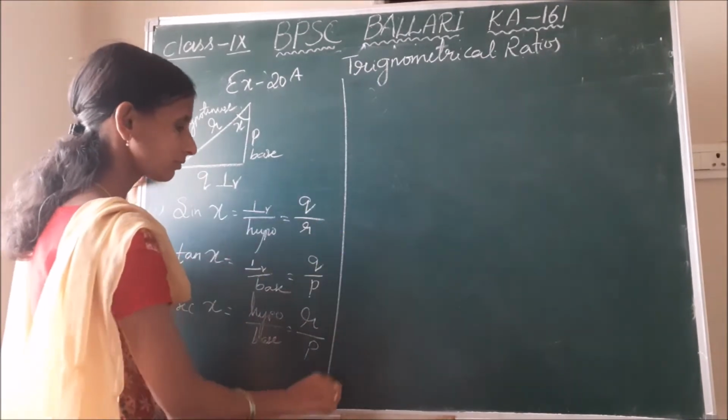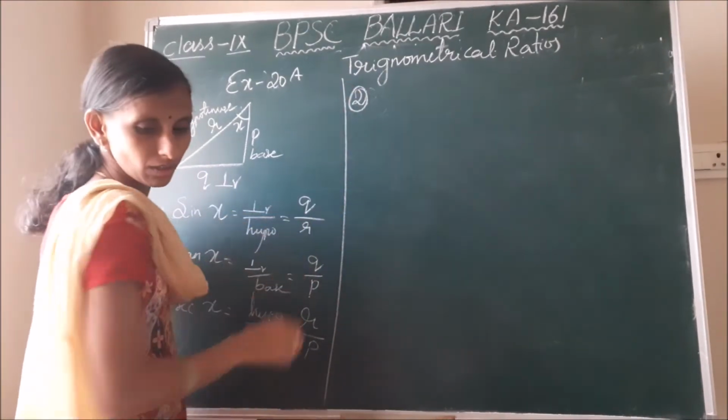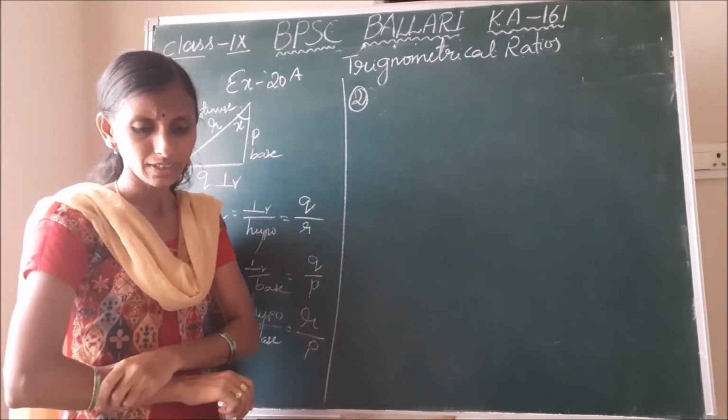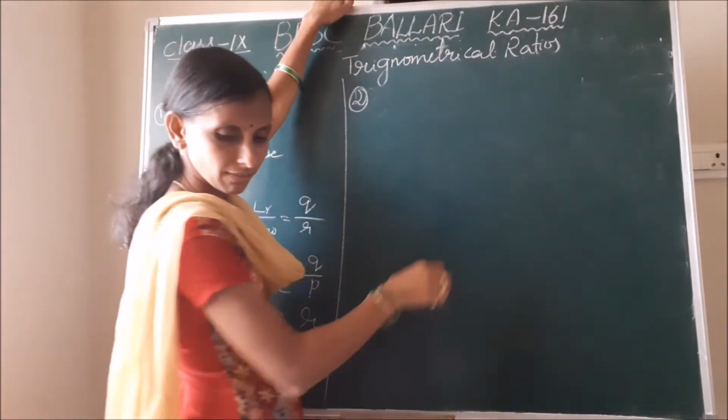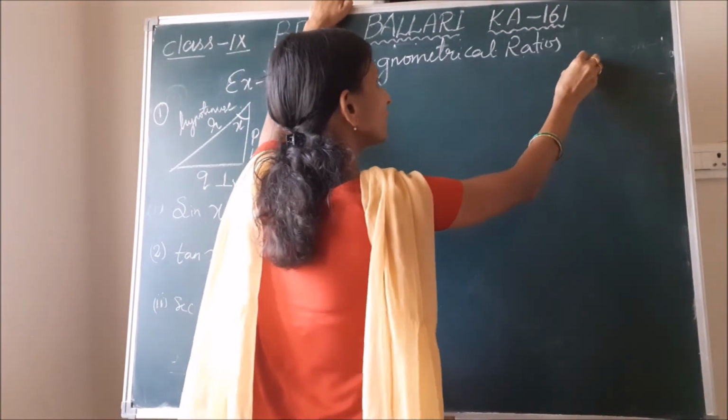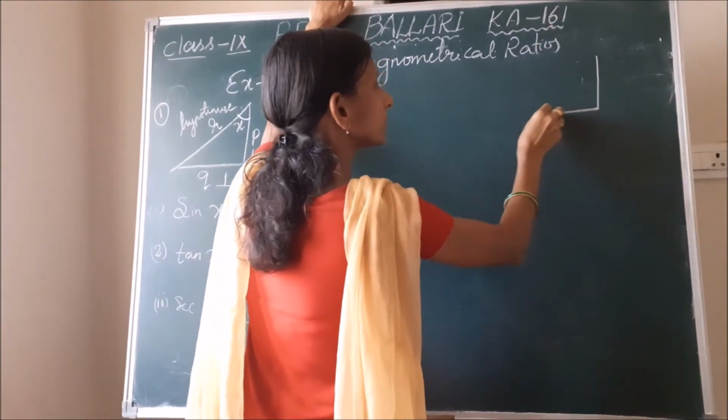Next, second question. In the given figure, angle B is equal to 90 degrees, AB is equal to 4, and BC is equal to 3 units.